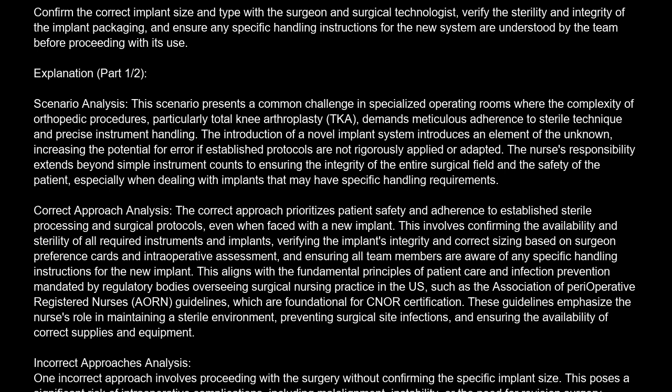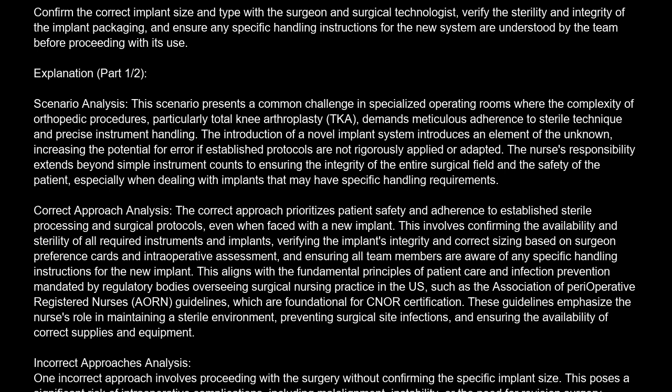Correct approach analysis. The correct approach prioritizes patient safety and adherence to established sterile processing and surgical protocols, even when faced with a new implant. This involves confirming the availability and sterility of all required instruments and implants, verifying the implant's integrity and correct sizing based on surgeon preference cards and intraoperative assessment, and ensuring all team members are aware of any specific handling instructions for the new implant.